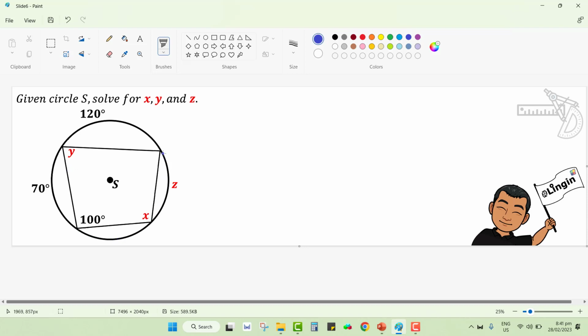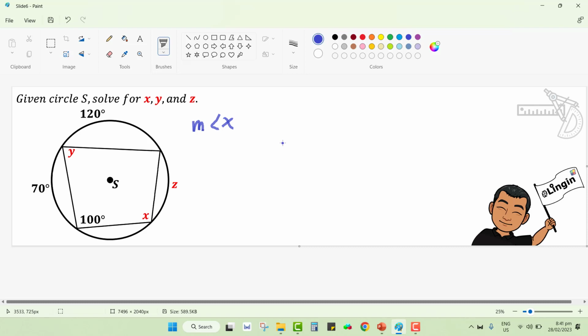But the intercepted arc has no exact measurements, so we cannot solve y. Looking into x, inscribed angle x is intercepting this arc and this arc, which were given already with measurements. So let us start with the measurement of angle x.